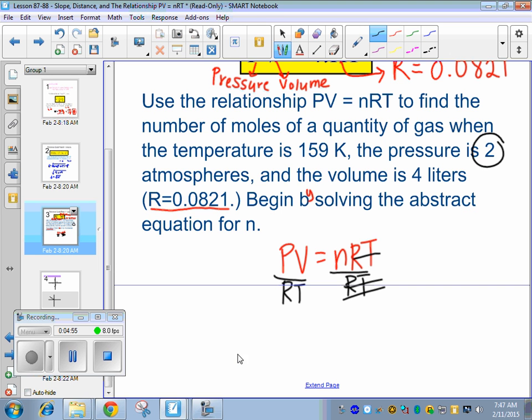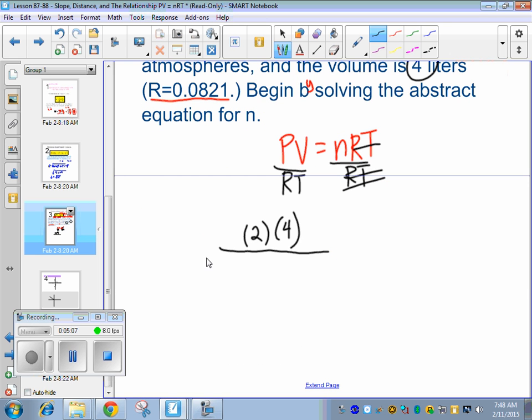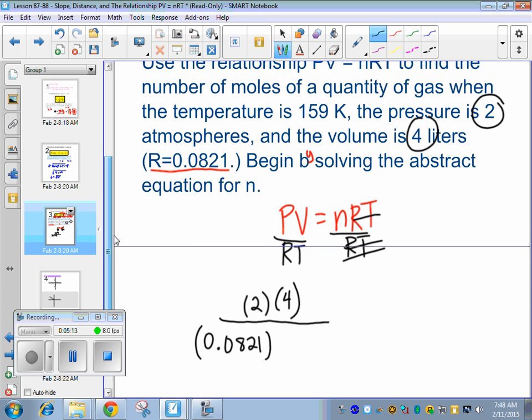2. Pressure is 2. Okay. What are we going to plug in for V? Volume is 4 liters. What are we going to plug in for R? Yeah, that decimal that you need to memorize, 0.0821. And what are we going to plug in for temperature?